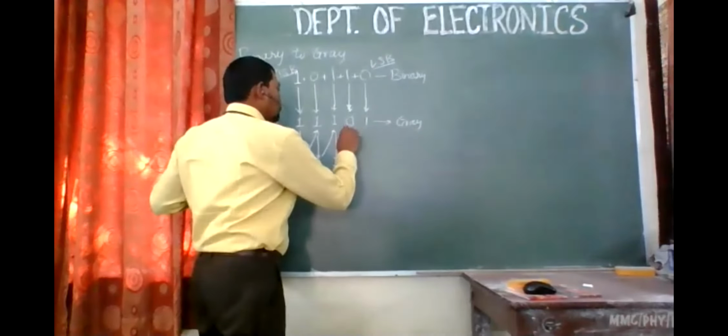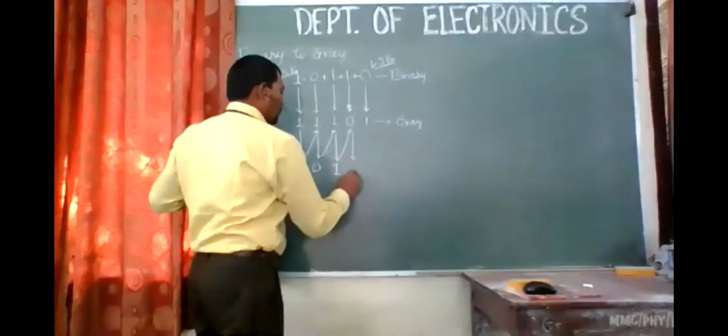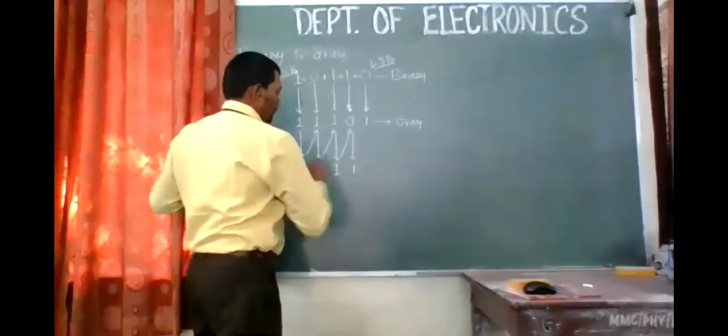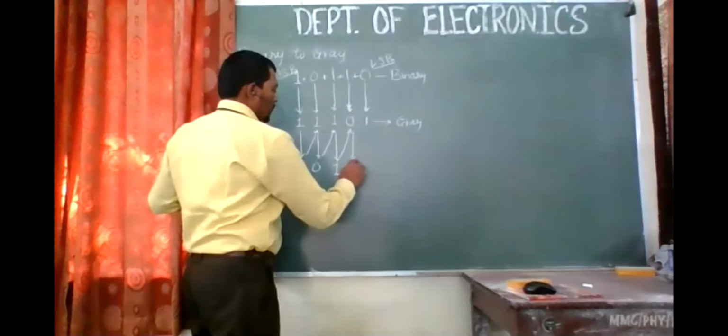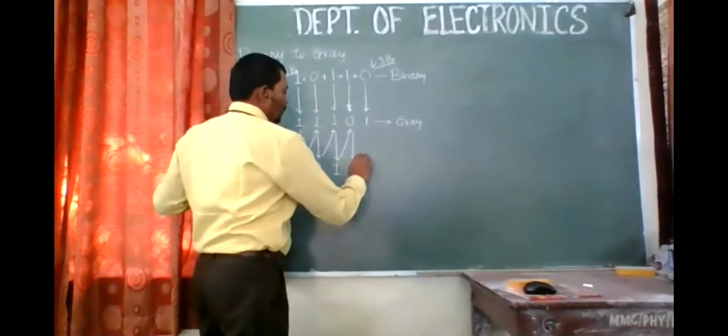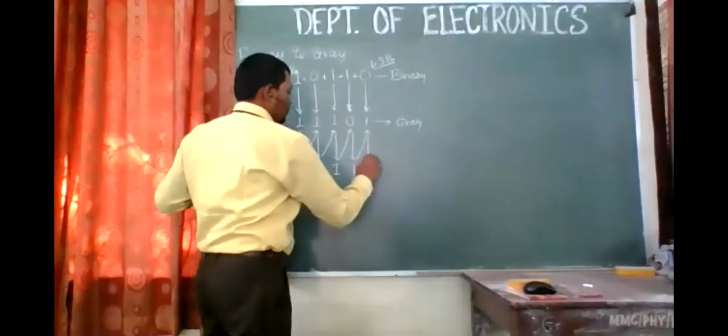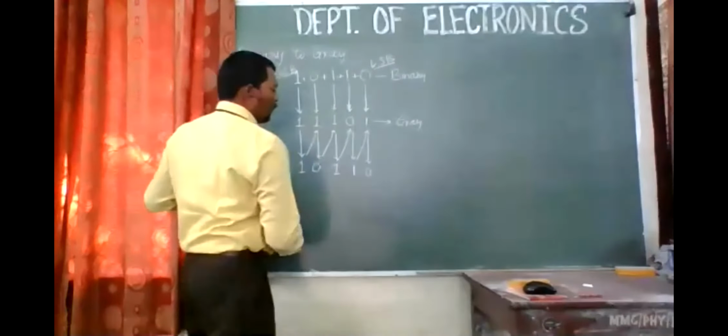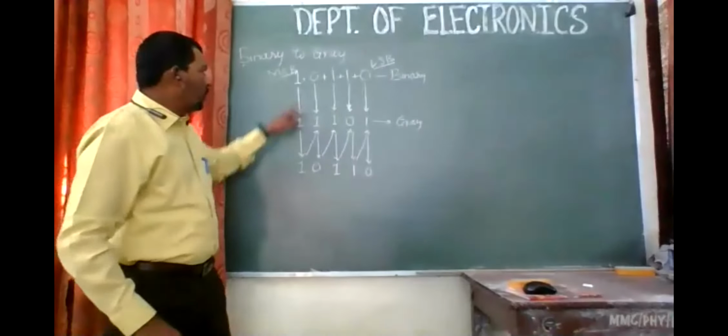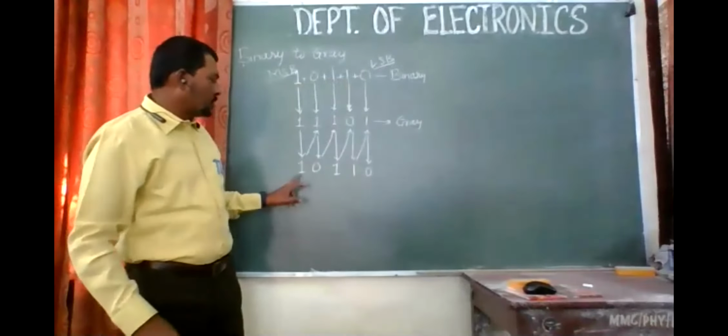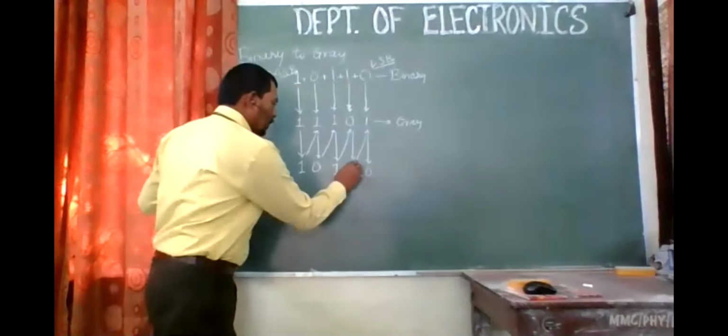Again 1 plus 0, the result will be 1. And again 1 plus 1, the result will be 0. So if you are able to see, the number 10110 is the same, 10110, right?